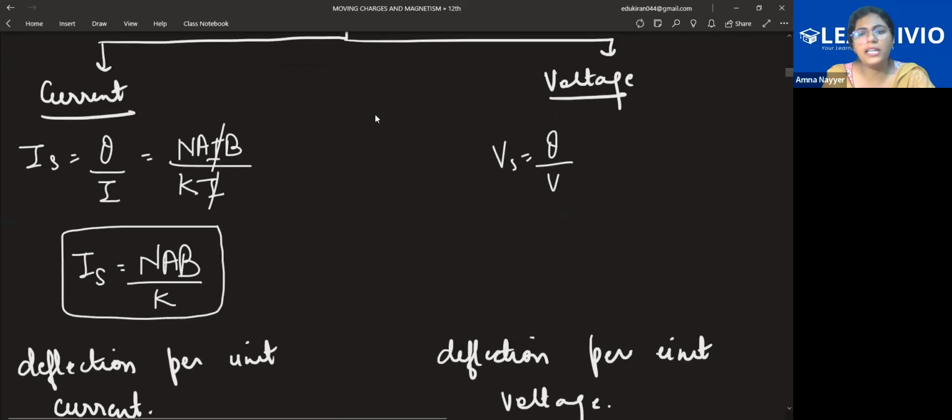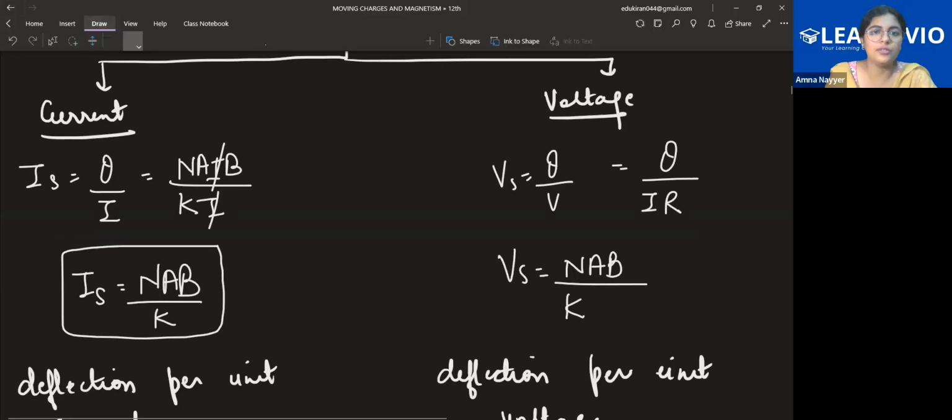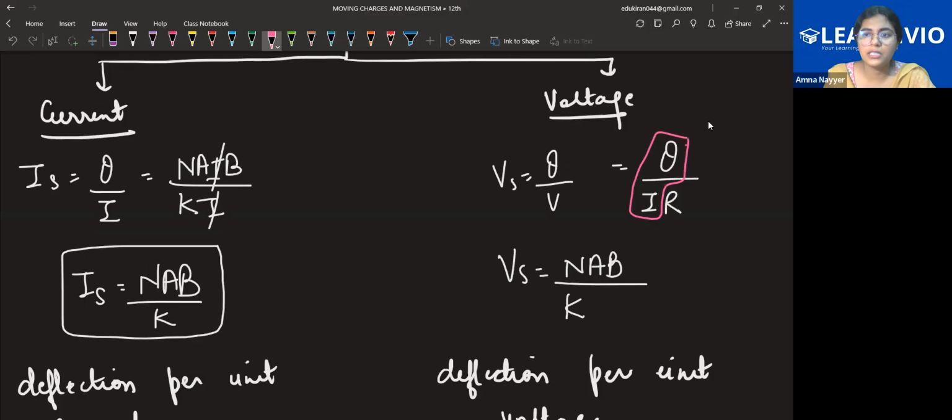Same thing for voltage. Now theta, what is V using Ohm's law? It is equal to IR. And what is theta? Theta is equal to NABI by K. What is theta by I? Theta by I is current sensitivity, which is NAB by K. If you notice here, this theta by I is the current sensitivity.